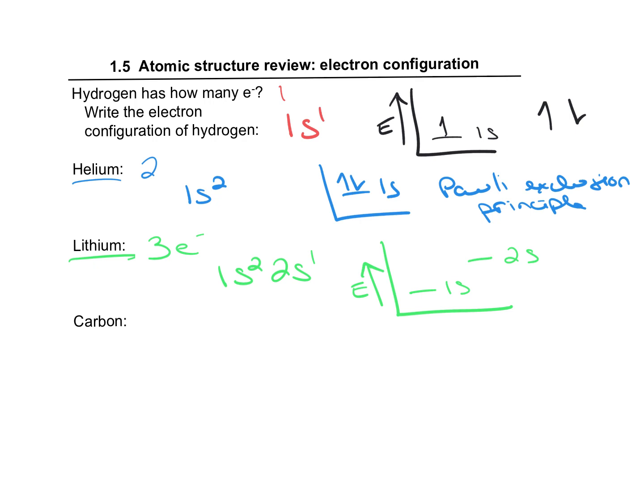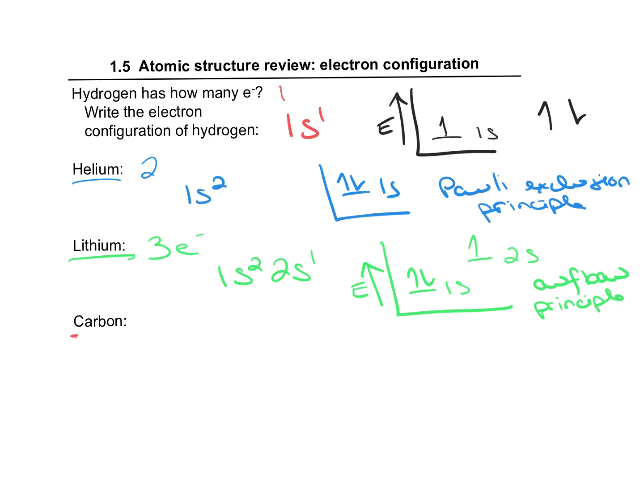The 2s orbital is higher in energy because the electrons would be held further away from the nucleus. We have 2 electrons in the 1s orbital and 1 electron in the 2s orbital. And here we are using the Aufbau principle, which basically means build up. So the lower energy orbitals are filled before the higher energy orbitals are filled.